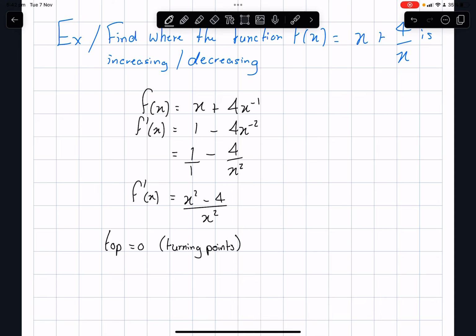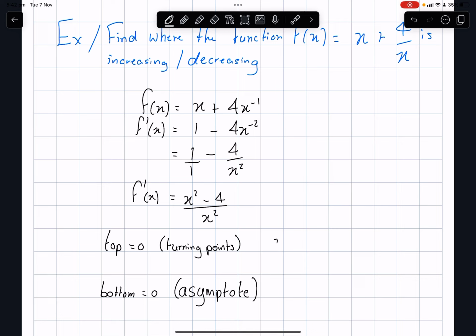And I also want to solve the bottom equal to 0. Because if I make the bottom equal to 0, that function would be undefined. So that means I get an asymptote, which is a really key feature of this graph here. Okay, so we've got to solve for the top and the bottom equal to 0.